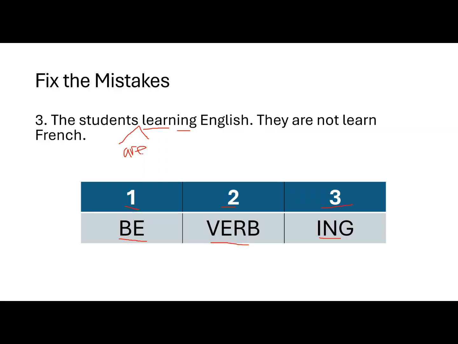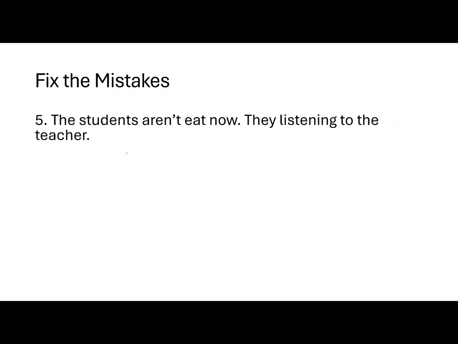The students are learning English. And in the second sentence, they are not learn. Okay, I have the 1 for that one. I have the 2, the verb, but I don't have the ing. So I need to add ing after learn. So the correct sentences are the students are learning English. They are not learning French.